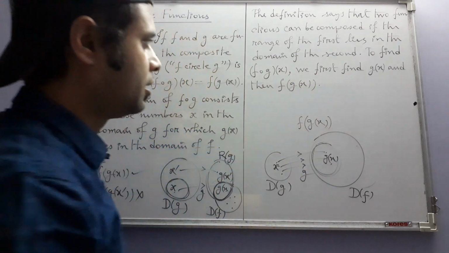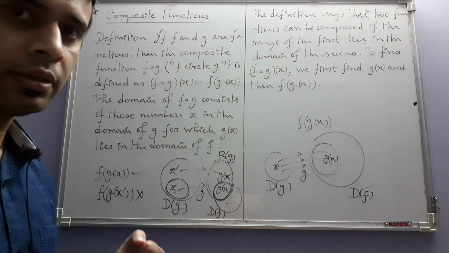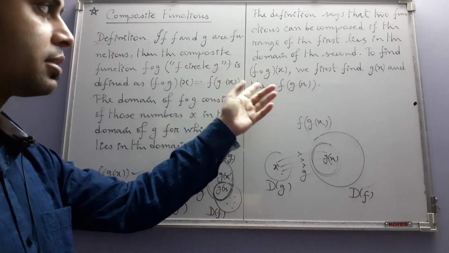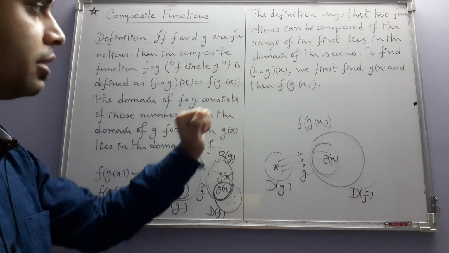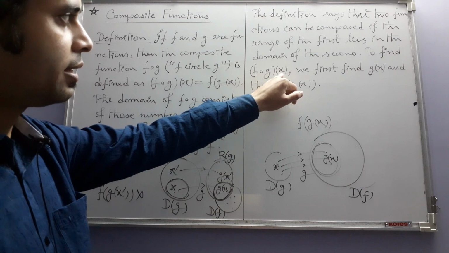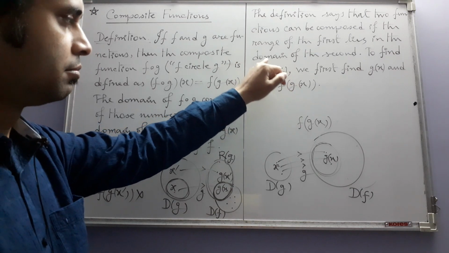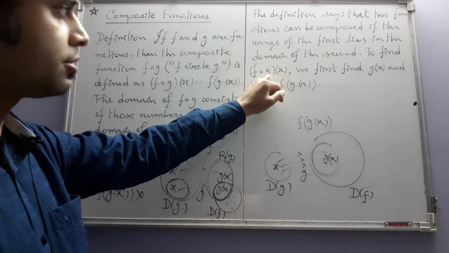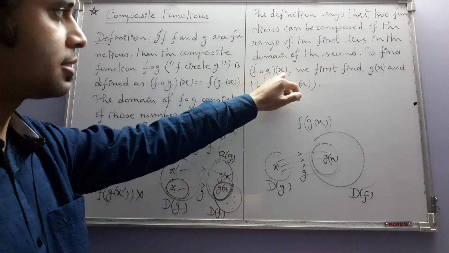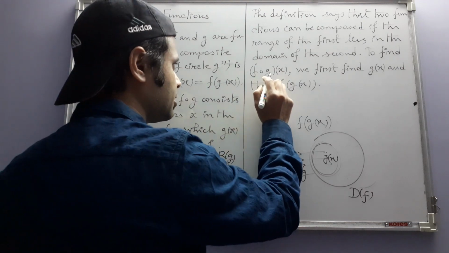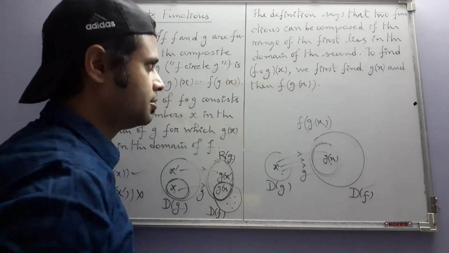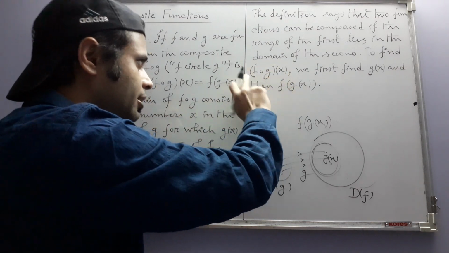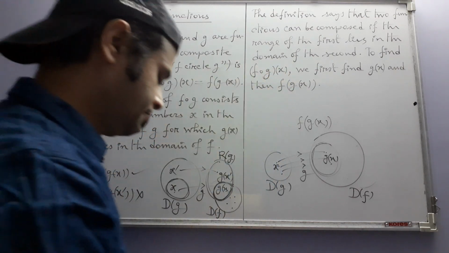That is the order in which things have to be calculated. Because F is appearing first, that does not mean F has to be applied first. You have to start the application on x of the function that is closest to x. That's why x has been written here, and that's why the notation looks like this. F composition G, you have to apply G first, and then on that you have to apply F.